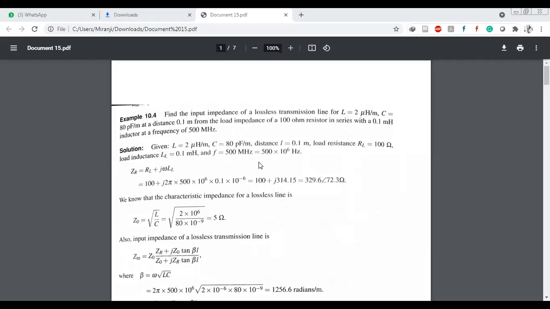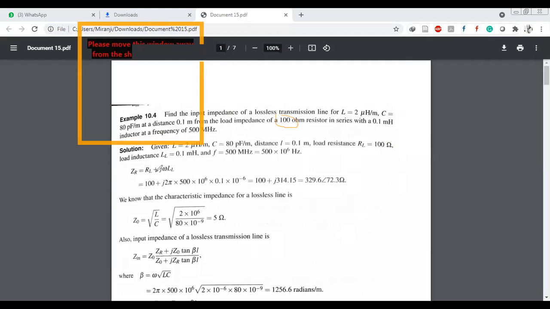They mentioned load impedance, so RL equal to 100 ohms in series with some inductance, right? That's why 0.1 millihenry into j omega L, right?